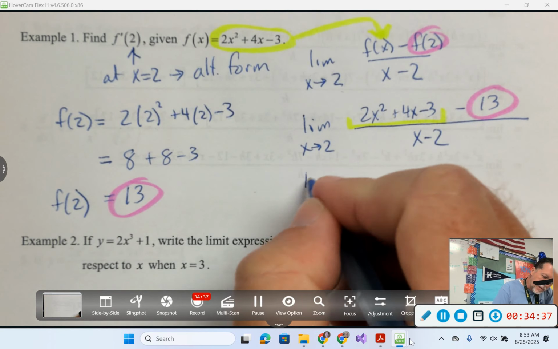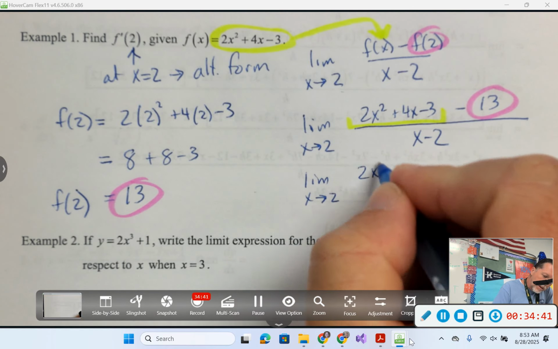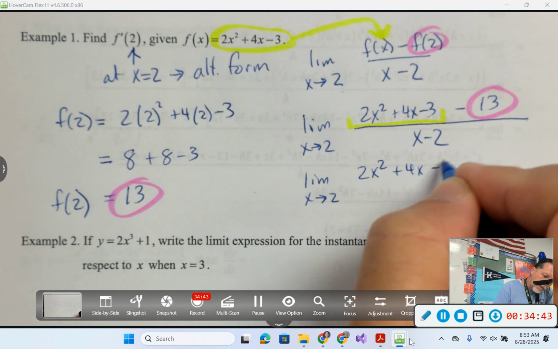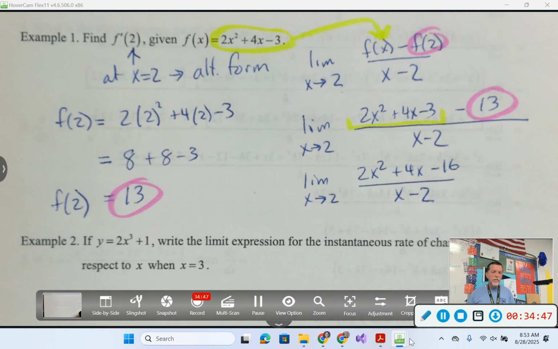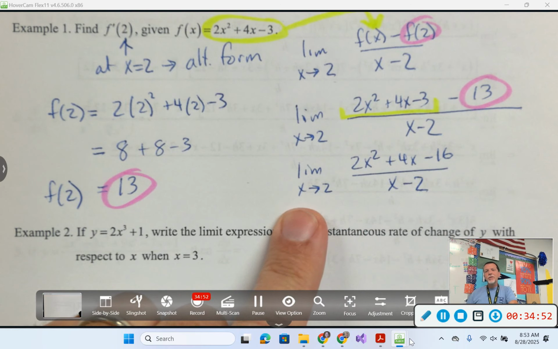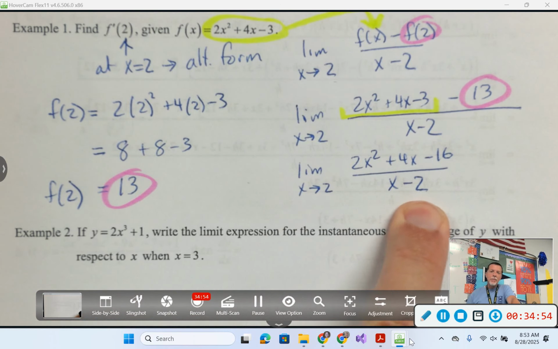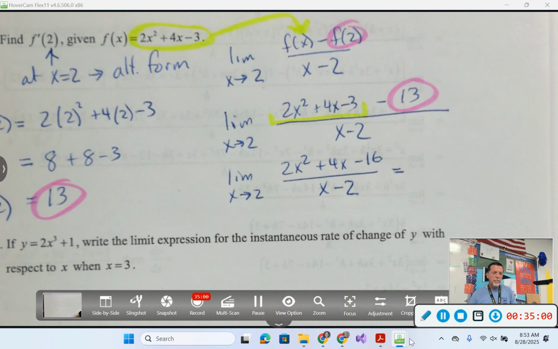Okay, so let's clean this up a little bit here. Limit as x approaches 2, 2x squared plus 4x minus 16 over x minus 2. First go is always plug it in. What's going to happen if I plug in x equals 2? 0 in the bottom.